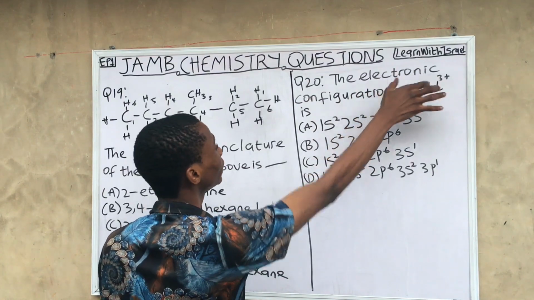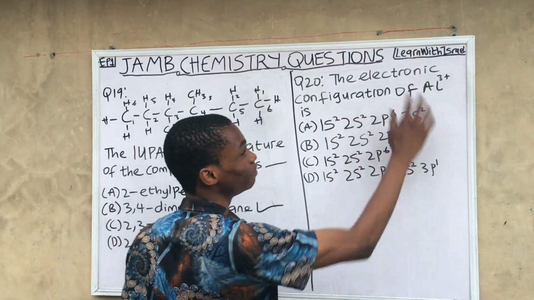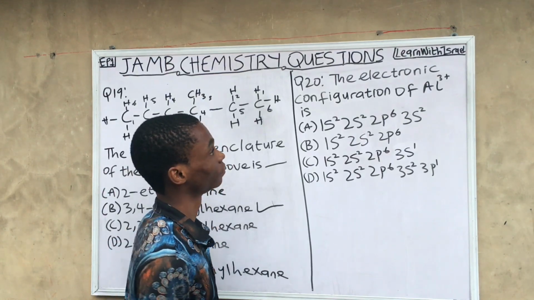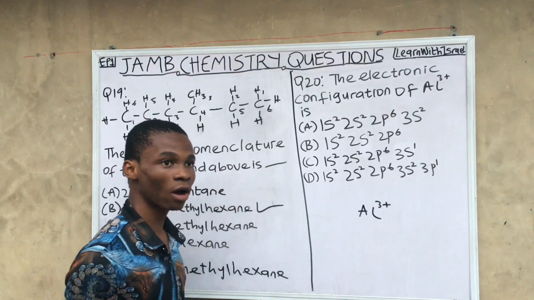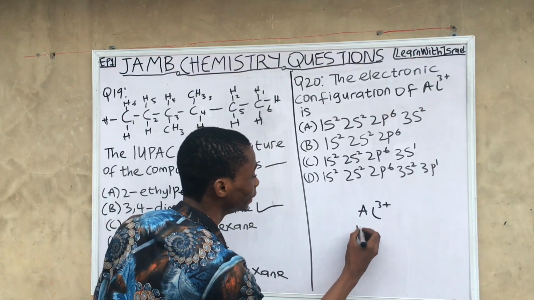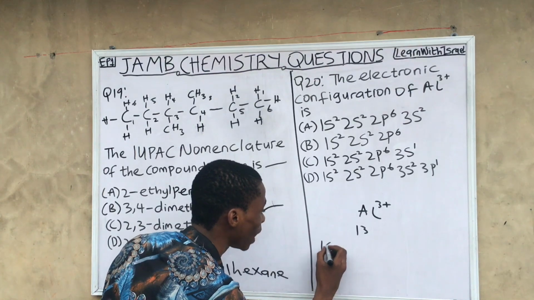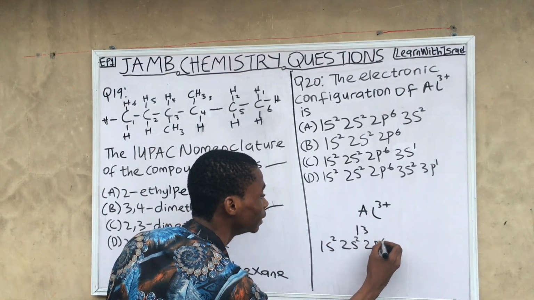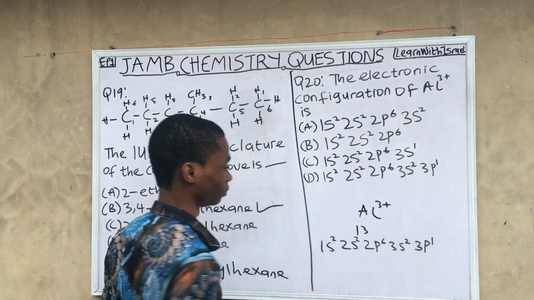The electronic configuration of Al3+ is, so Al means aluminium. It's part of the first 20 elements. Aluminium is number 13. So how do we write it? We write it as 1s2, 2s2, 2p6, 3s2, 3p1.